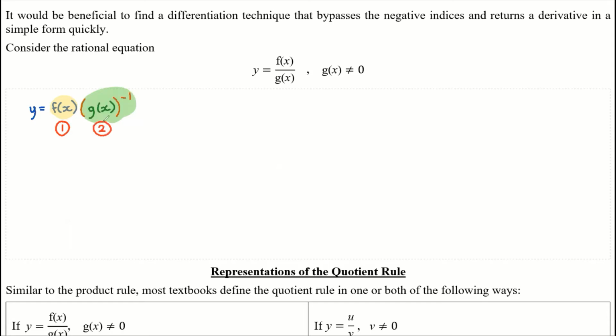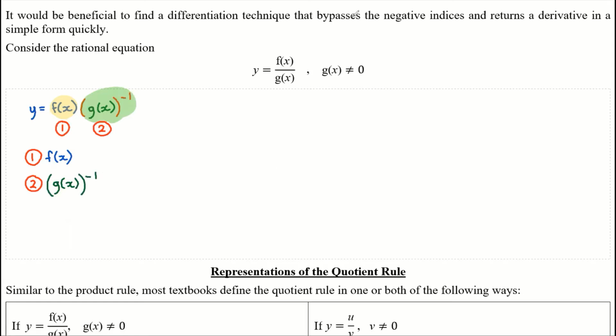So I'm going to label these 1 and 2 again. And we'll see what this gives us. So we've got 1 is going to be my f of x, and my 2 is my g of x all raised to the power -1. So g of x, but I've got to raise the whole thing to the power -1.